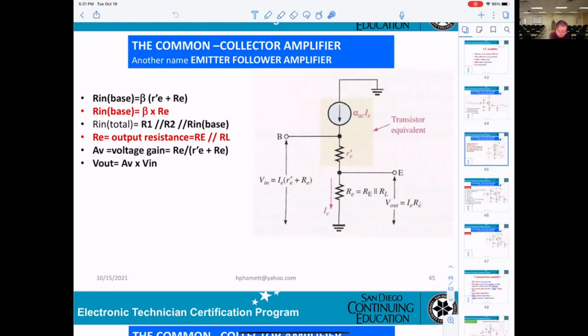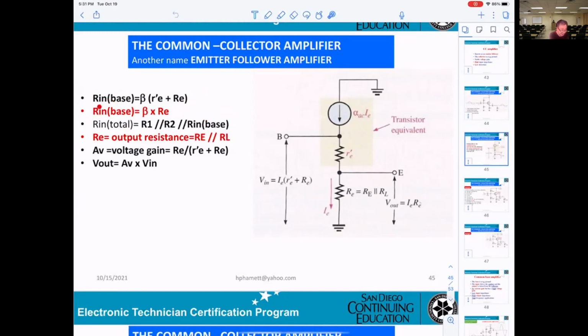They say R in base. This is the formula to calculate R in base: beta times R small e. And R in total will be the same as common emitter: R1 parallel R2 and also parallel with R in base.